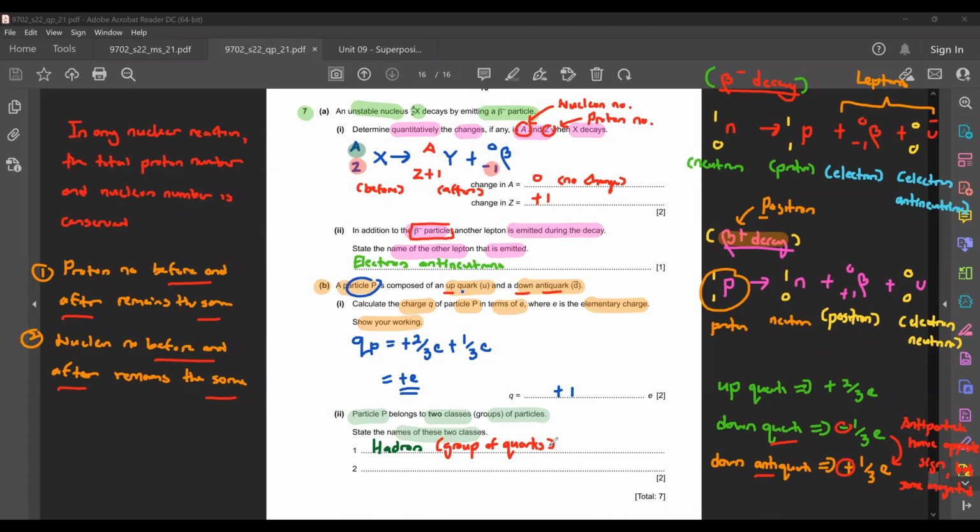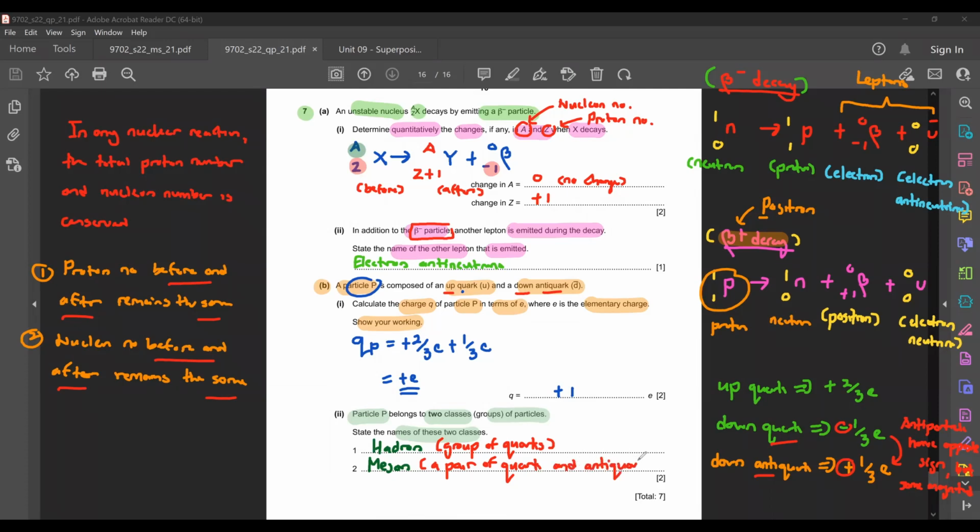Now, a more specific name for certain groups of quarks that you will learn in your syllabus is meson and baryon. So in your case, this particle P here that consists of an up quark and a down antiquark is actually known as your meson. Now, a meson is actually a pair of quark and antiquark.